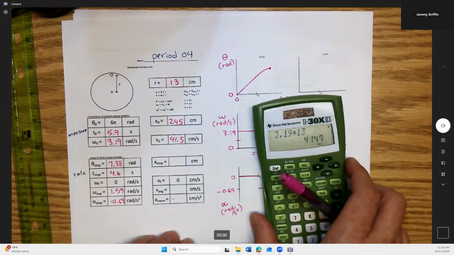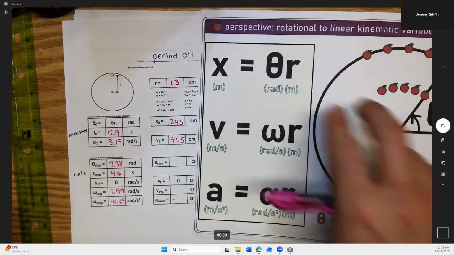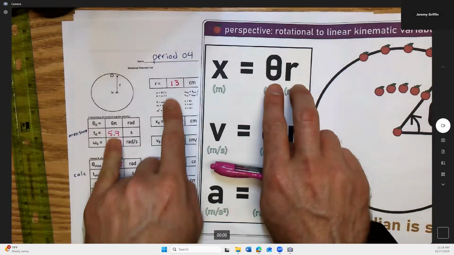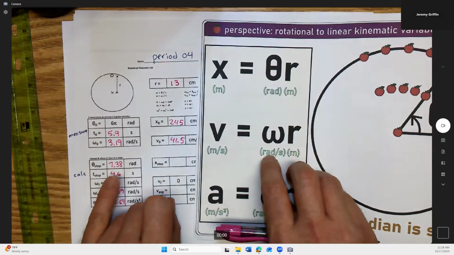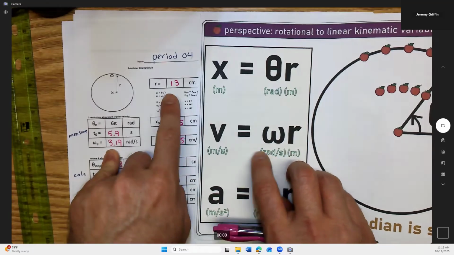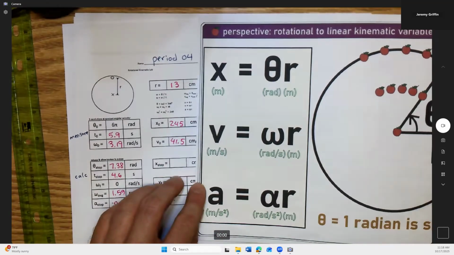Are there any questions so far? All I did in the last two calculations is this theta times this r to get this x, and this omega times this r to get this v. That's it.